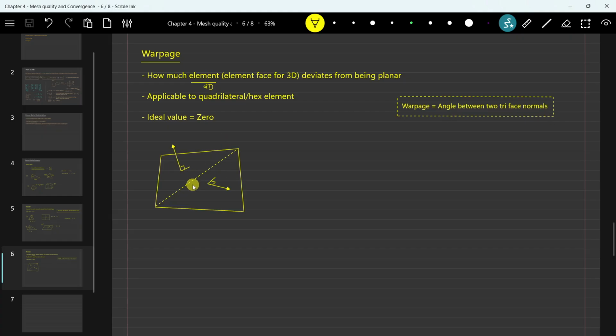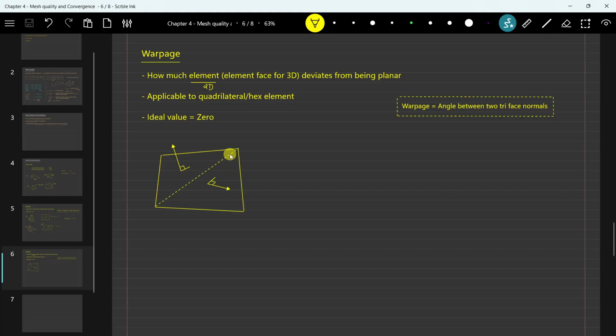We know any plane passes through 3 points, and when a fourth point is introduced, the face is no longer planar. For example, this quadrilateral element, we can split it into two tria faces, because all 4 points are not planar. It can be imaginary. So this is called warpage.